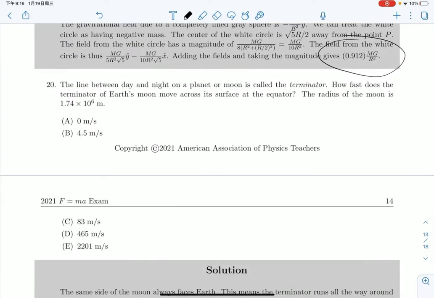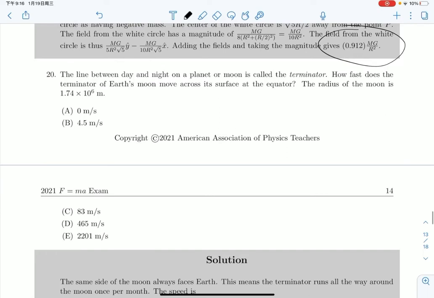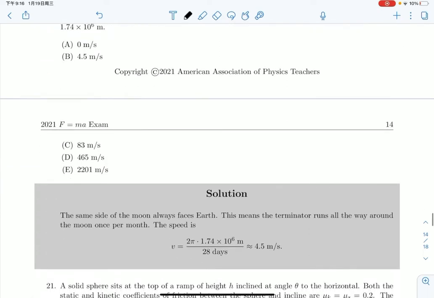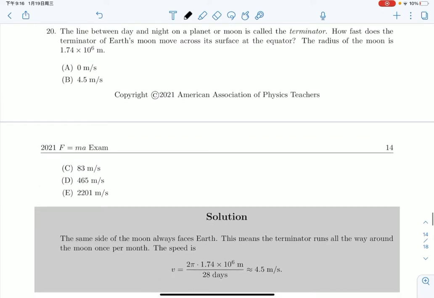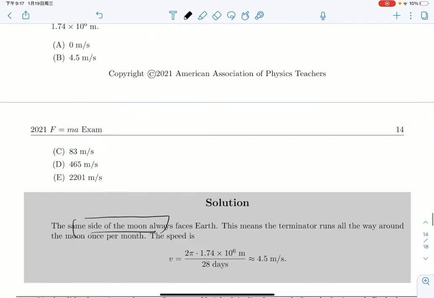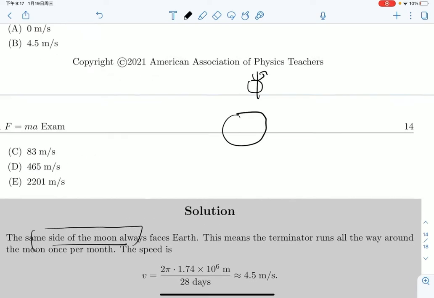Question 20 is kind of stupid. You'll need to note that the same side of the moon always faces the Earth. So basically the moon is rotating, and its center of mass is also rotating around the Earth.